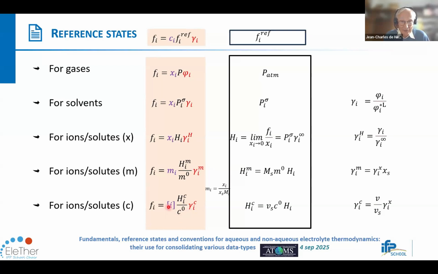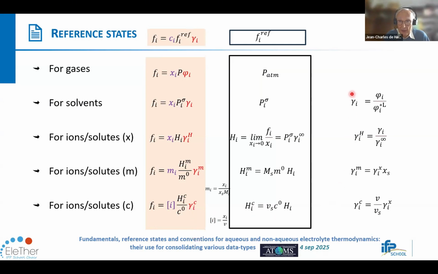As a consequence, the use of molarities is often a little more complex when we are analyzing the data, but we need to be able to work with that because many papers talk about molarities and concentration units.